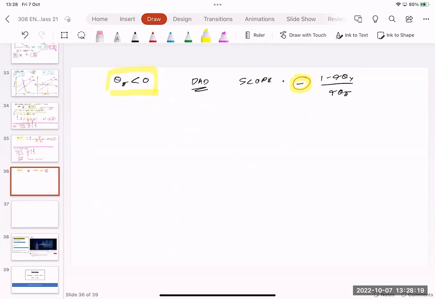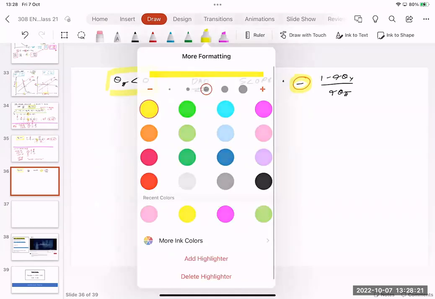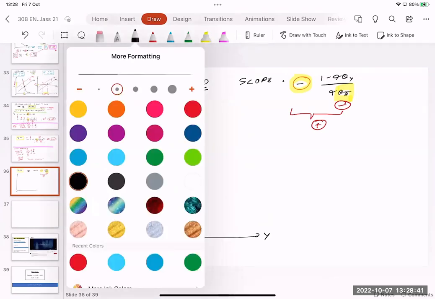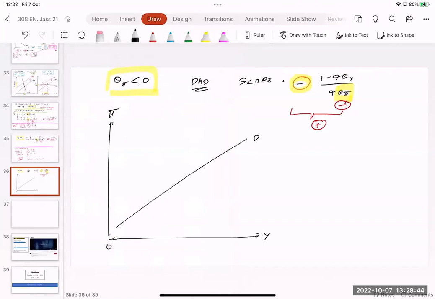If the central bank lets theta pi be less than 0, this term is going to be negative, and negative and negative become positive. When theta pi is less than 0, it makes the DAD curve positively sloped, which violates the law of demand. You are going to have a DAD curve that looks like this, with a positive slope.